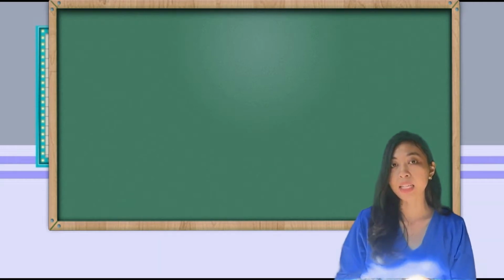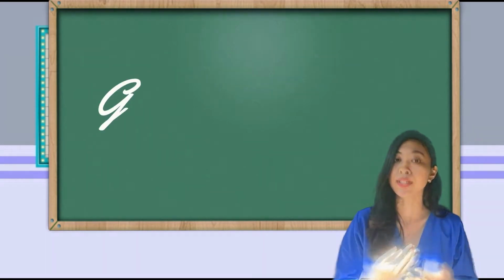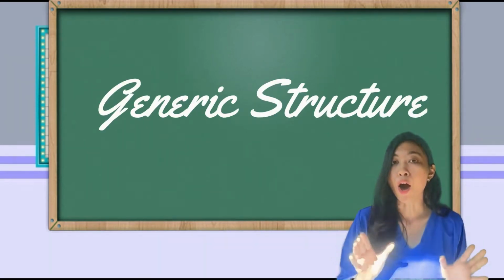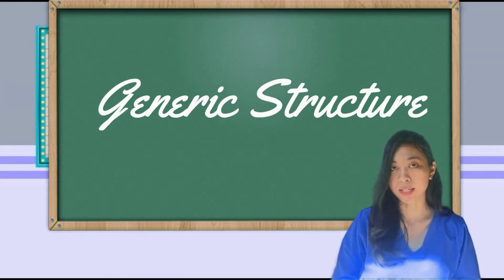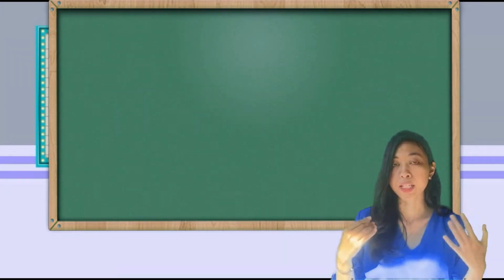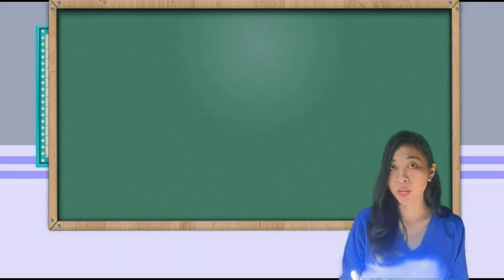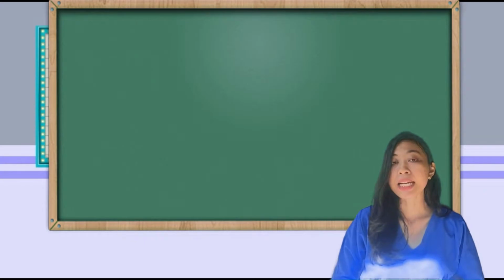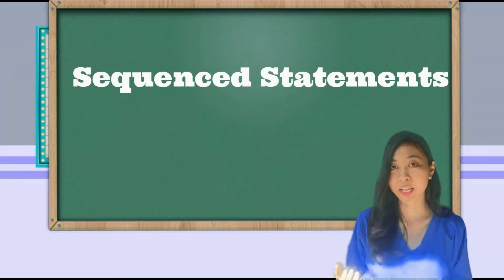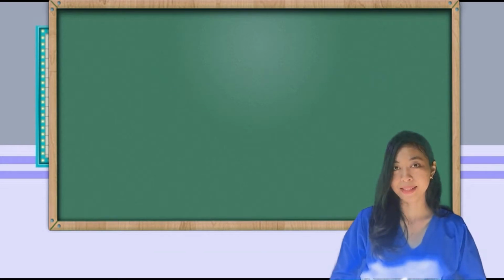And then we need to know the generic structure of explanation text. The explanation text has two generic structure, namely general statement and sequence statements.